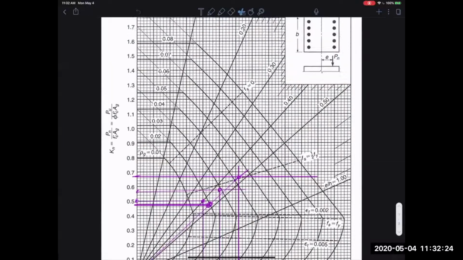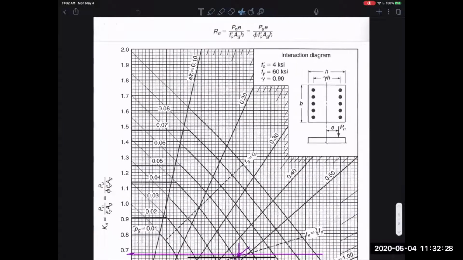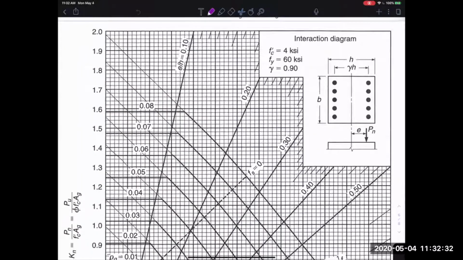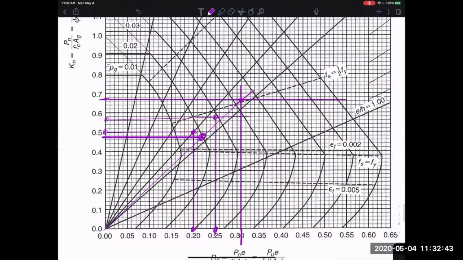And so if you look up here, I'm embarrassed to say that this was the 0.9 graph, not the 0.8 graph. So everything we did here was on the wrong graph.